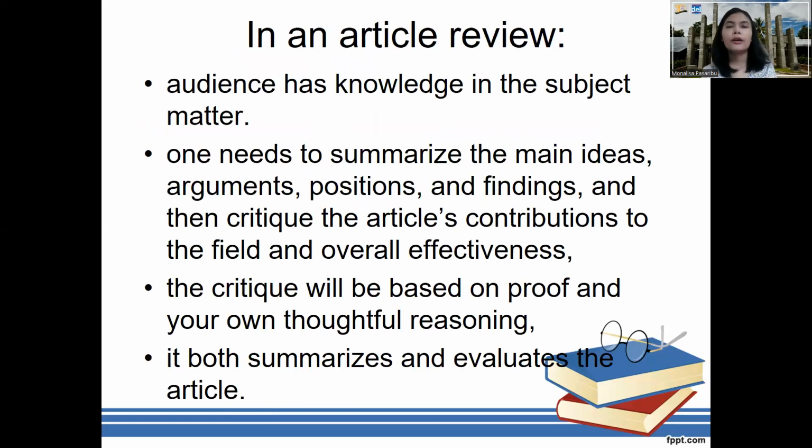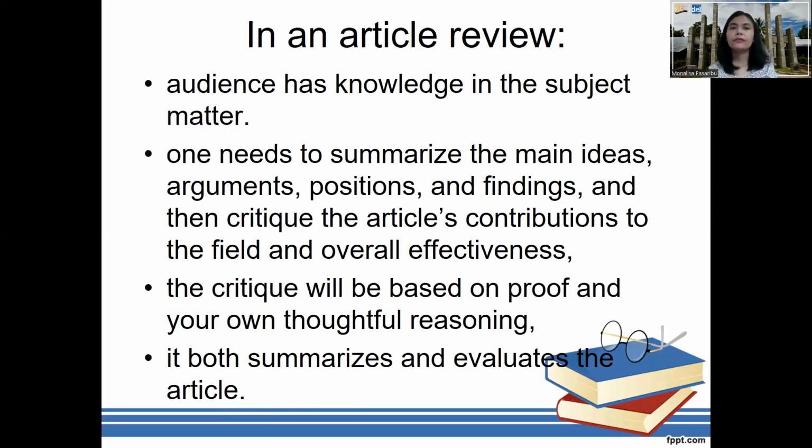When you are giving an article review, you need to know the subject matter. So you need to have this background knowledge, as I mentioned in the previous meeting. We need to have previous knowledge in the subject matter. And then, as I also have mentioned, an article review is actually half a summary.